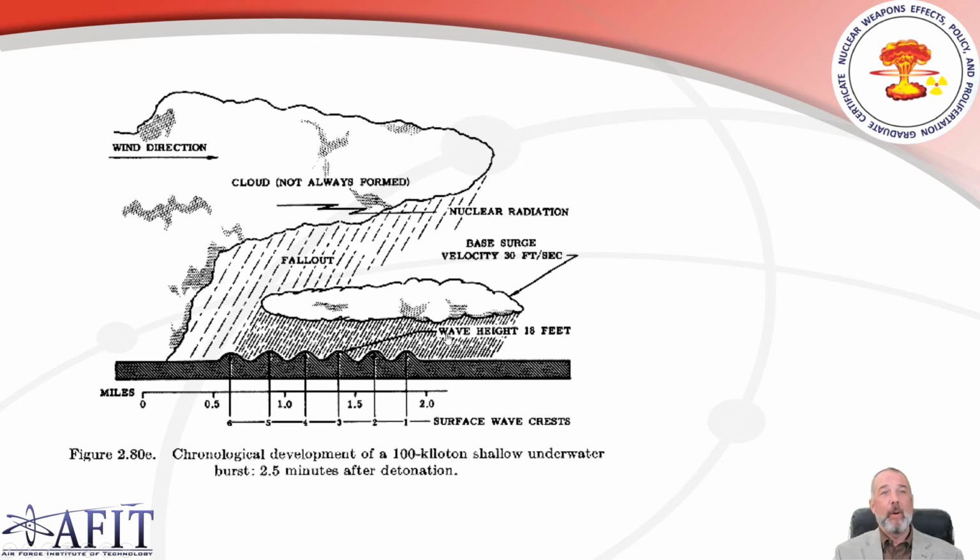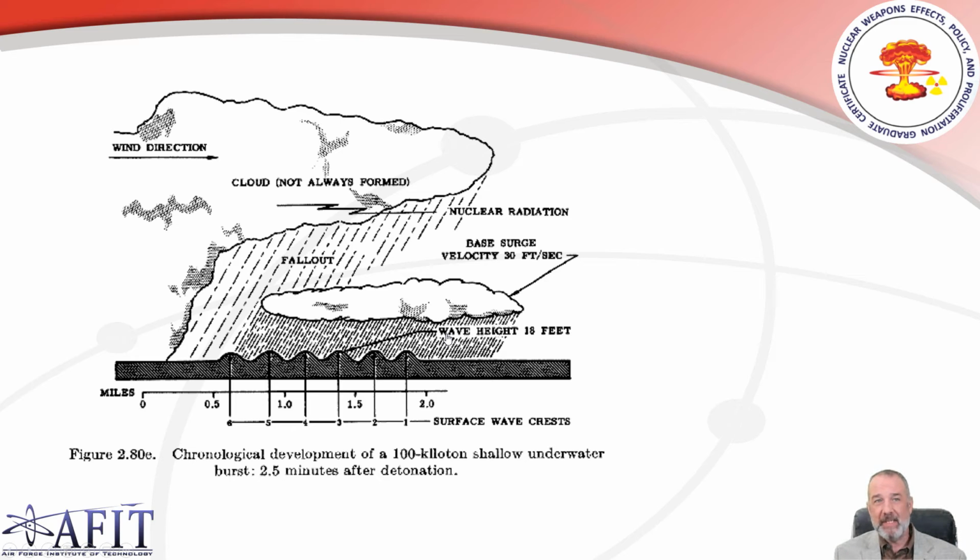Okay, so finally what you end up having is a series of waves. The wave heights are very much lower than that initial base surge. They're down to a very manageable 18 feet. Pretty good for surfing. They're also not moving very fast, only about 30 feet per second. You have that primary cloud still producing radioactive rain.